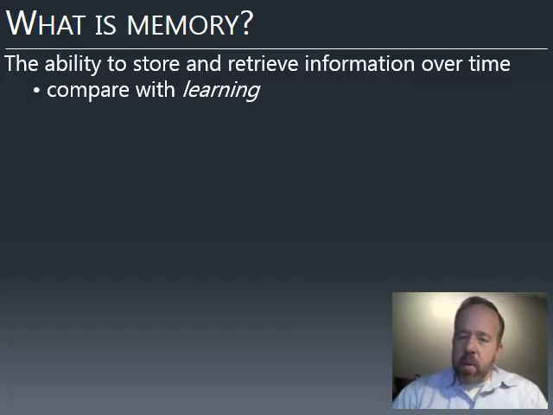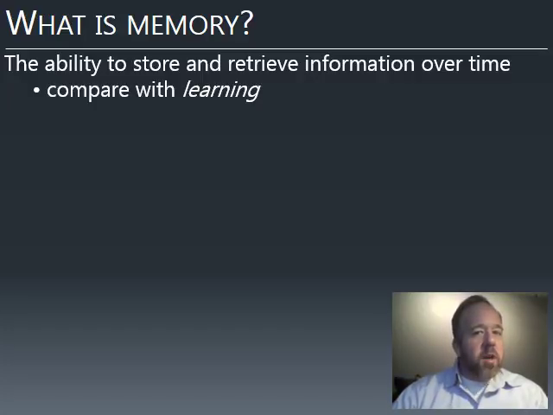And here we can talk about memory and we can talk about learning. And learning was very behavior focused. We talked about the acquisition of new skills, new knowledge, new behaviors that were relatively permanent, and perhaps most importantly, were reflected in behavior over time.